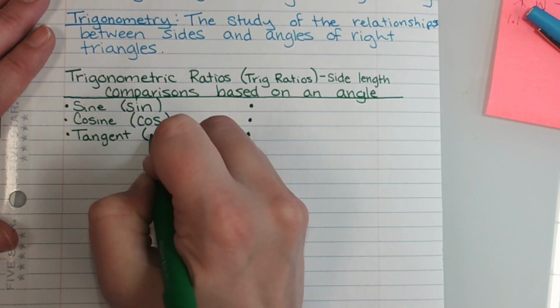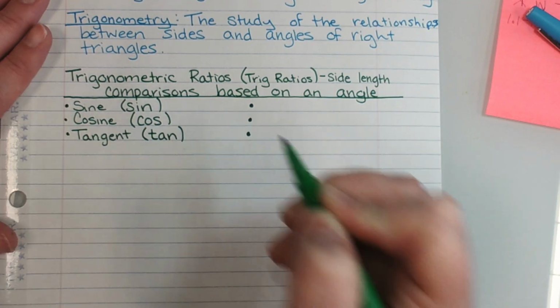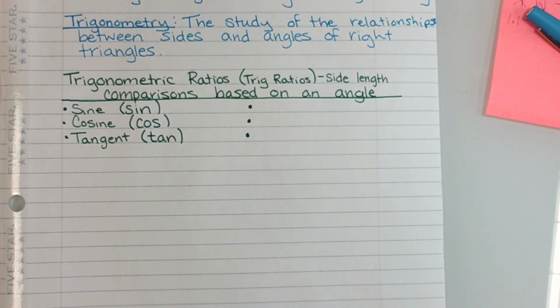Tangent is tan. Do you notice that I did not say sin, cos, and tan? It is not sin, cos, and tan. If you had me in Geometry B, you have heard this rant before. It is sine, cosine, and tangent. We shorten them down for the ease of writing, but we still say sine, cosine, tangent.